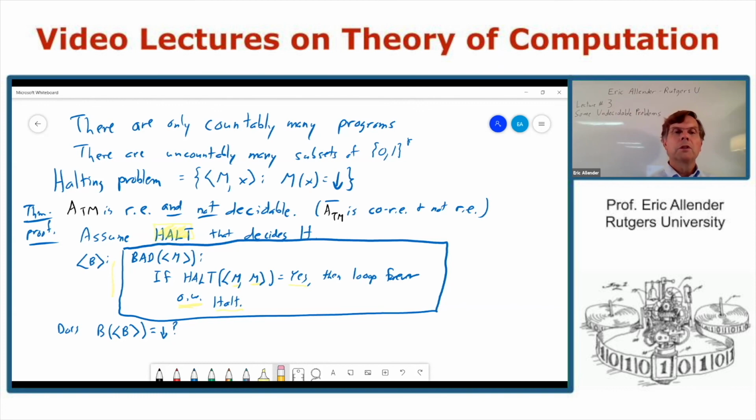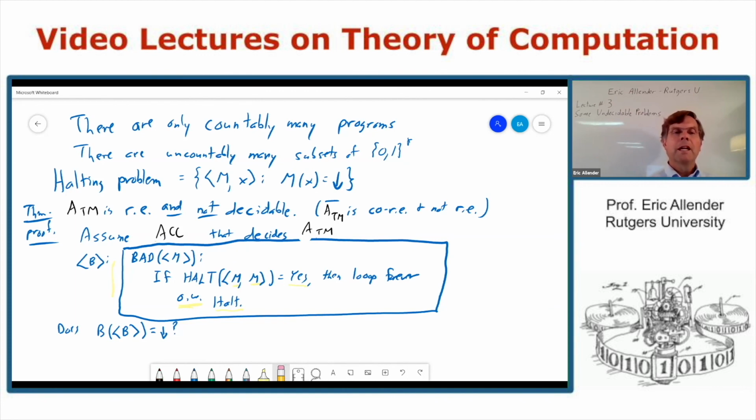So we're going to assume that A sub TM, let's call it accept, is some subroutine that decides A sub TM. Now, what does that program look like? Again, we're going to call it bad.